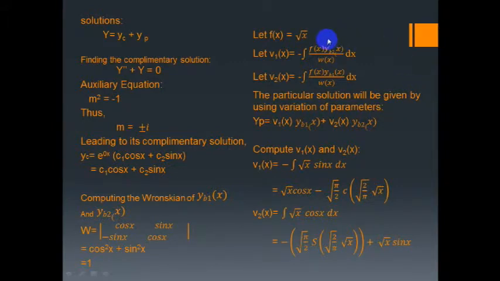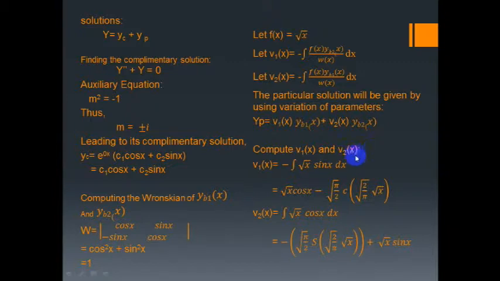Let v1(x) = the negative integral of f(x) y2(x) over W(x) dx, and let v2(x) = the integral of f(x) y1(x) over W(x) dx. Using variation of parameters, the particular solution will be given by yp = v1(x) y1(x) + v2(x) y2(x).